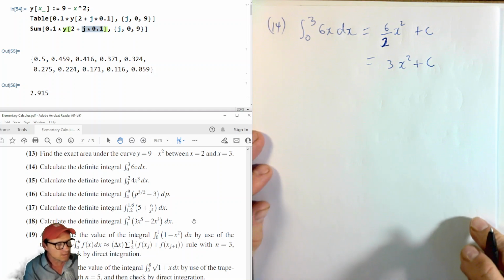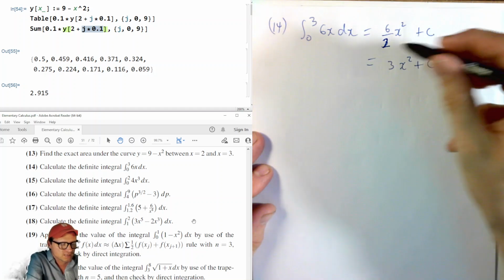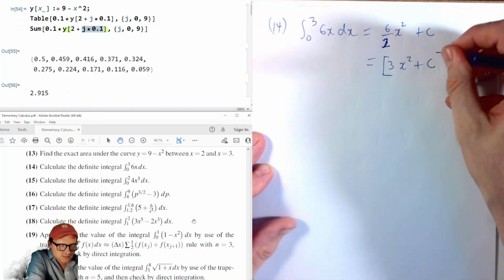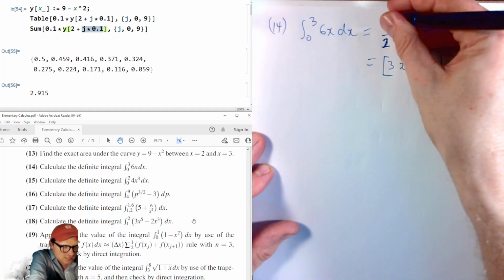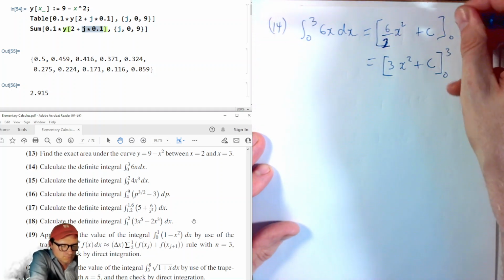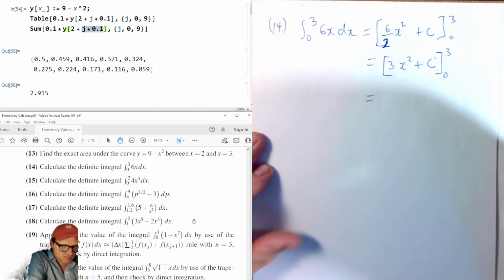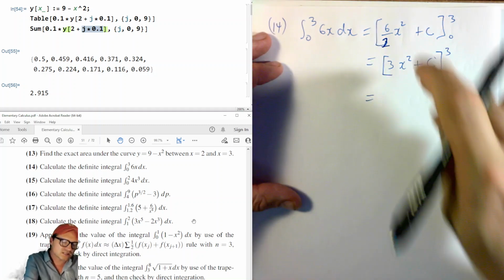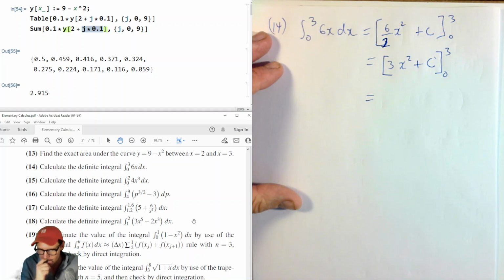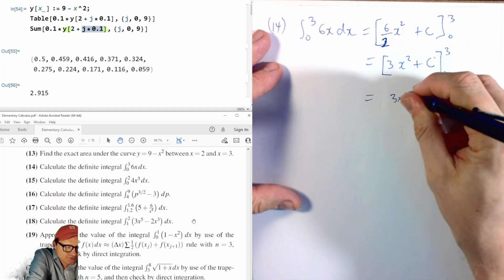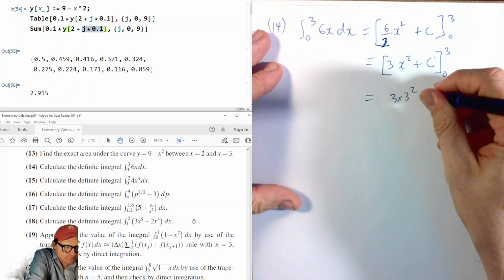Okay. Are we? No, we're not, because we have not done this part. Okay. So we have to put the 0 to 3 in. So we sub in the 3. Now we don't really need the plus c here, because it always gets subtracted. So we have 3 times 3 squared.